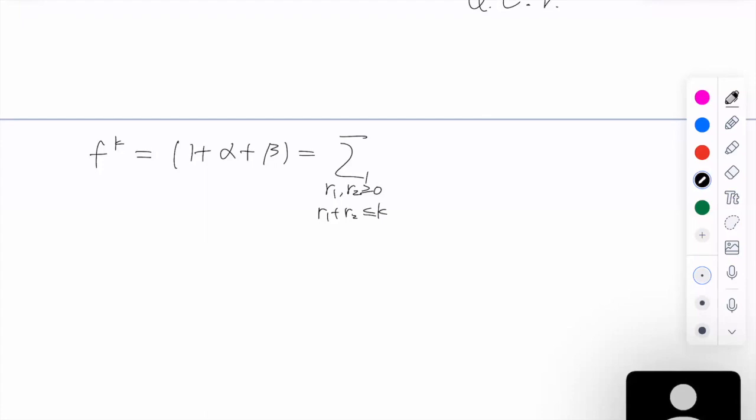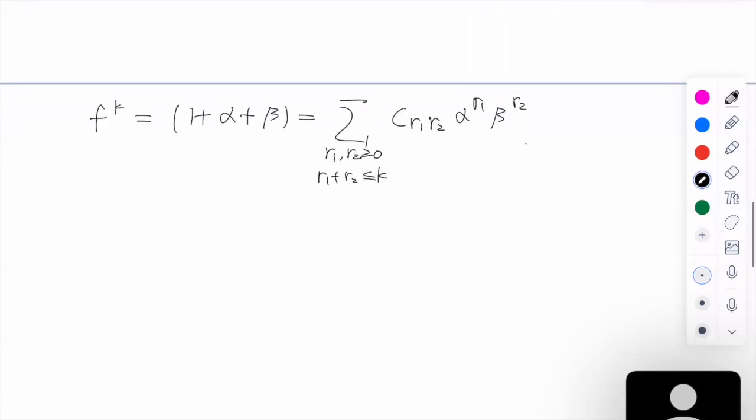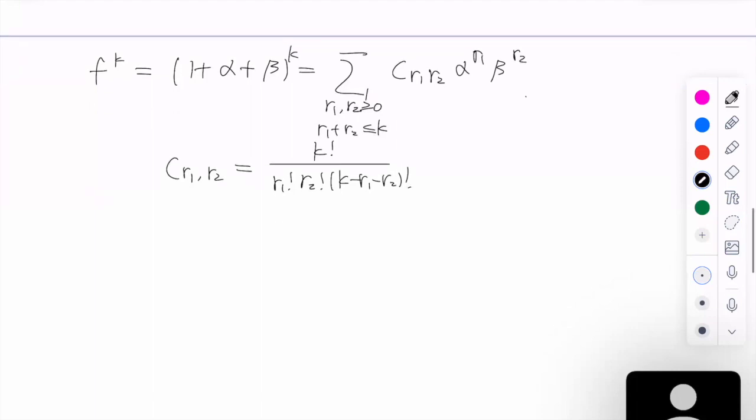It's going to produce a polynomial of the kth degree, and the degree is given by the sum of these two numbers. And well, if you compute this very carefully, you can actually obtain an explicit expression for the sequence CR. It's going to be k factorial over R1 factorial, R2 factorial, multiplied by k minus R1 minus R2 factorial. But we don't actually have to care about the actual value of this number, but we just need to make sure that this is actually a real number.